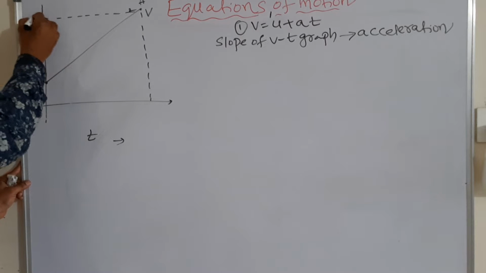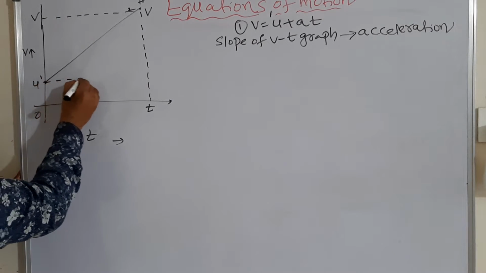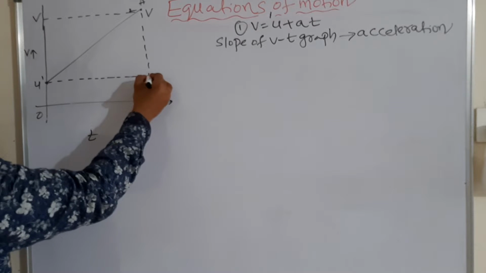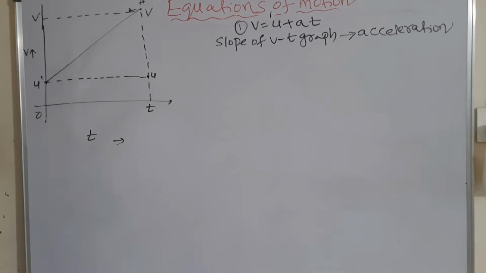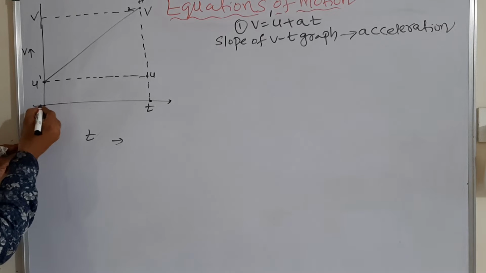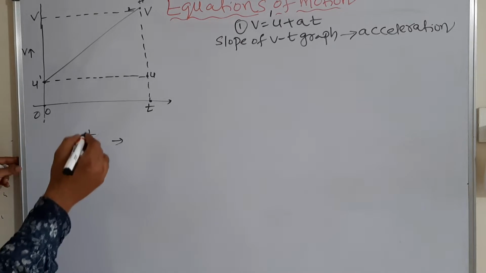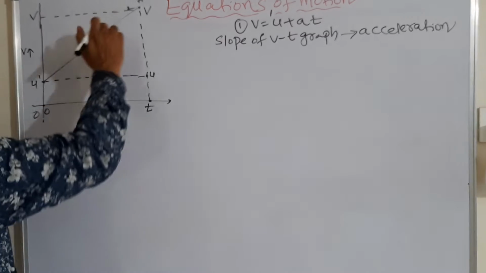It is V. Suppose the final velocity is V after time t. At the first point of the slope, the value on the y-axis is u, and the value on the x-axis is 0. This is the slope.